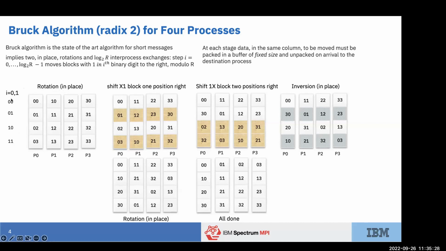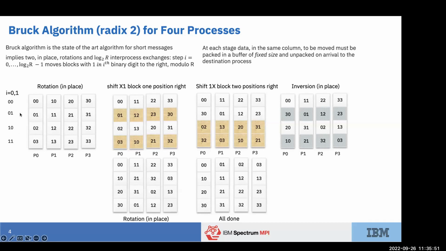So we have the enumeration of the messages to be sent on the left, and the non-zero value in a particular binary representation would indicate the row that will be selected for rotation.